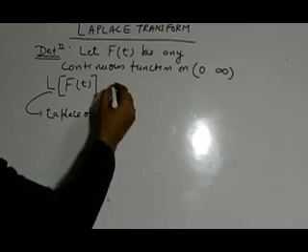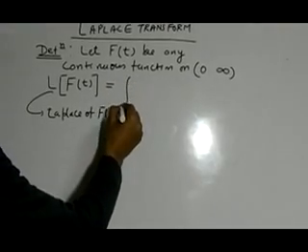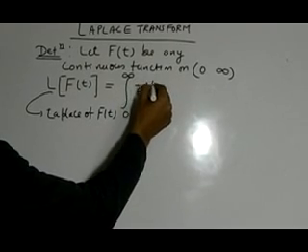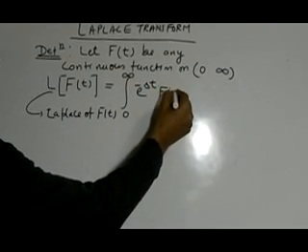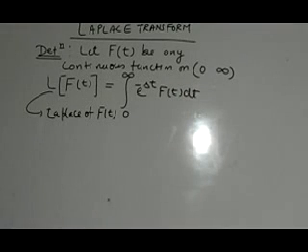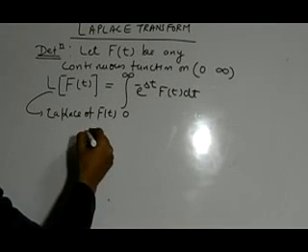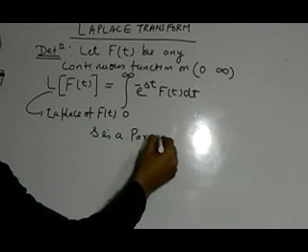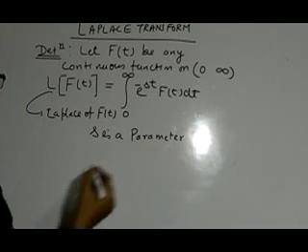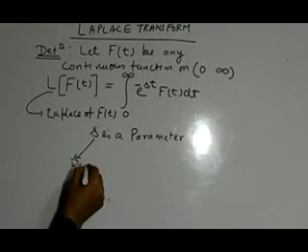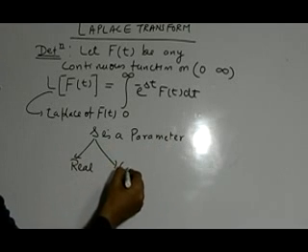We define this with the help of the integral from 0 to infinity of e to the power minus st f(t) dt. Here s is a parameter. This parameter s may be a real one or may be complex.